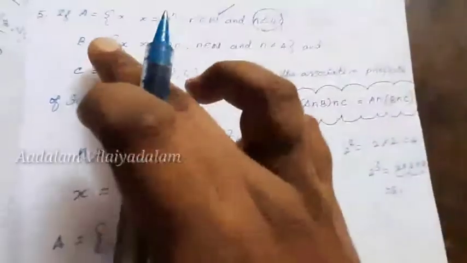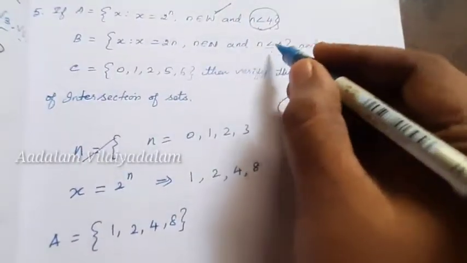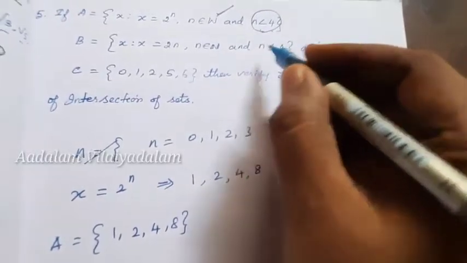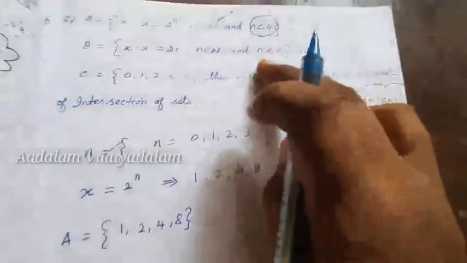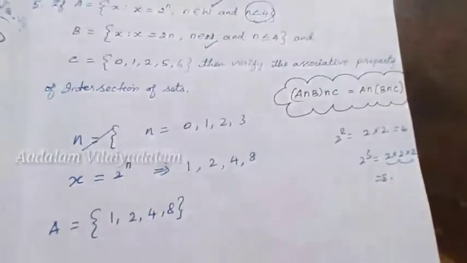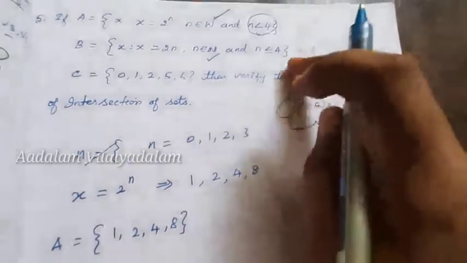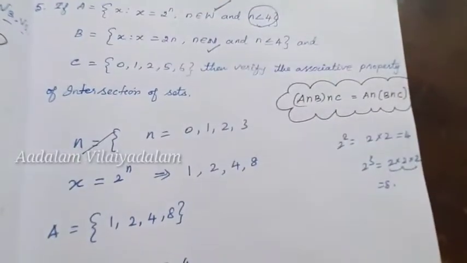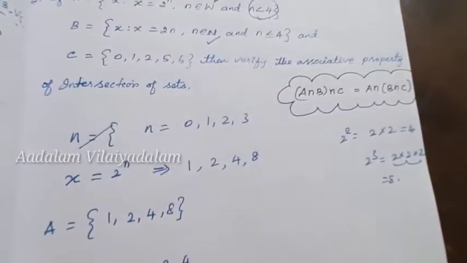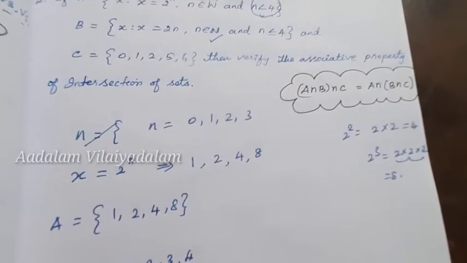We need to find the elements of set B. Here they have mentioned n less than or equal to 4. In the same way we can find the n values, but it belongs to natural numbers: 1, 2, 3. They have mentioned less than or equal to 4, so we are going to take the 4. Now the set form is x equal to 2n.